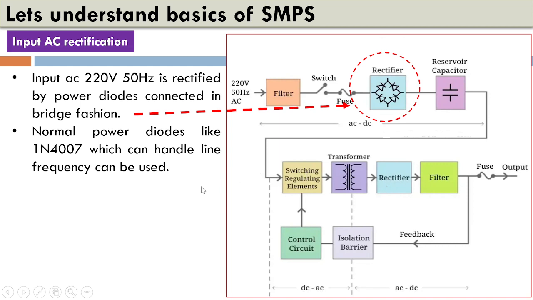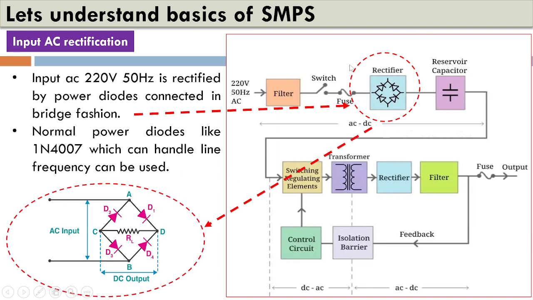Now, a typical bridge rectifier circuit looks like this, where you have AC inputs usually provided to the dissimilar junctions of the diodes. You can see here we have N, we have a P, and this dissimilar junction will have one AC input, and the other will again have the other AC input.